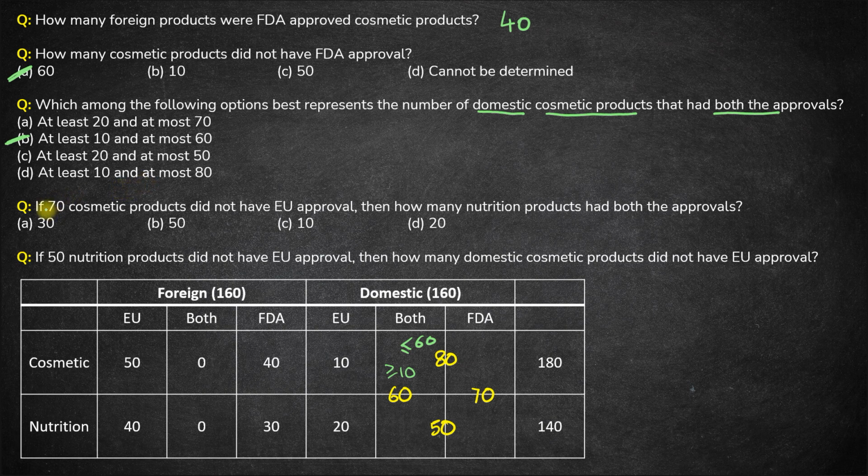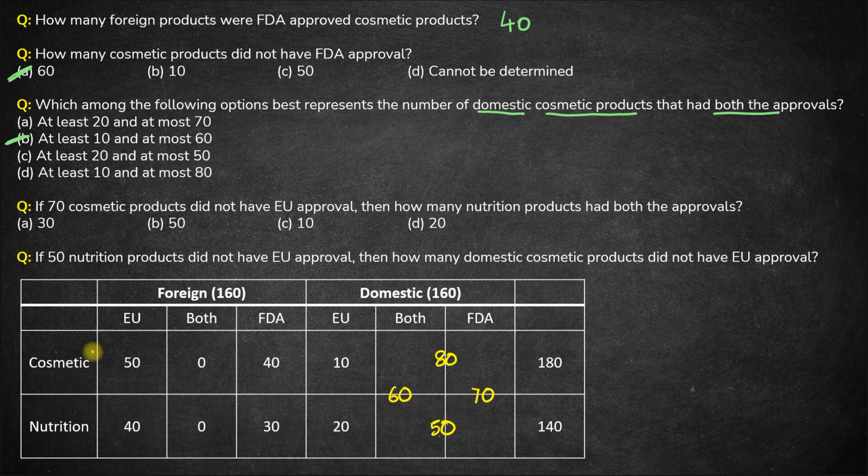Moving on to the next question. If 70 cosmetic products did not have EU approval. Okay. So now we need to solve an additional problem. Additional data is mentioned. 70 cosmetic products did not have EU approval.